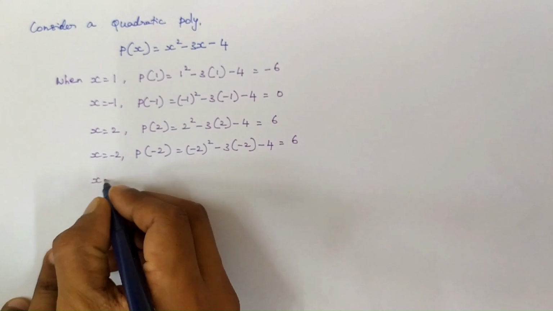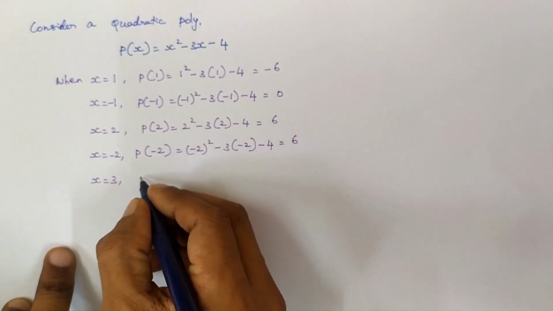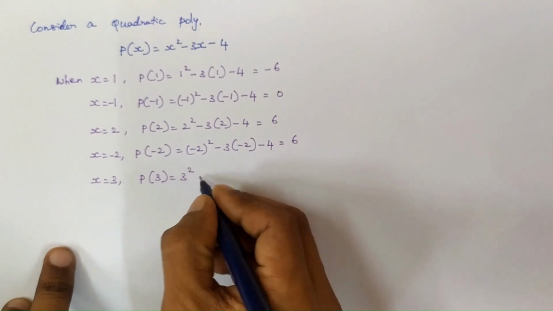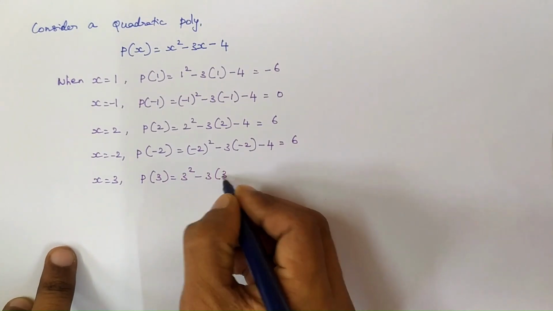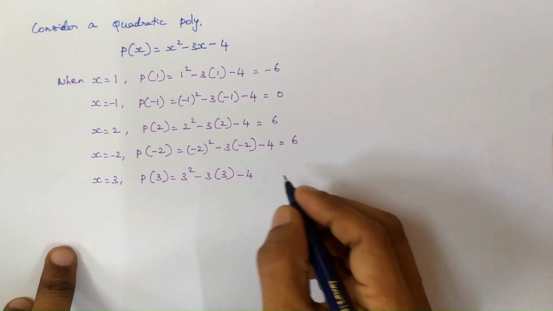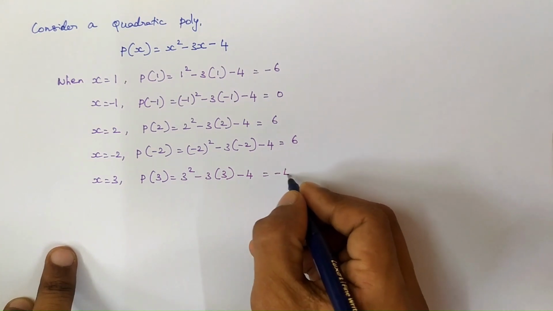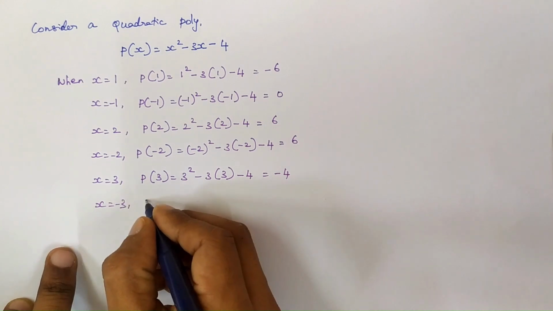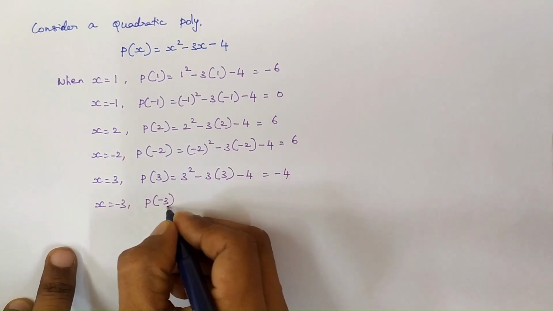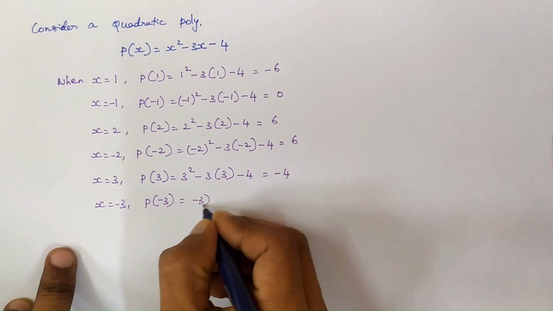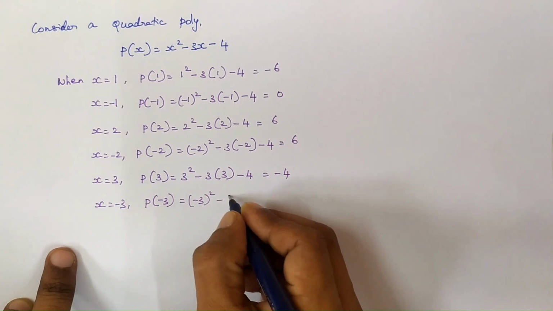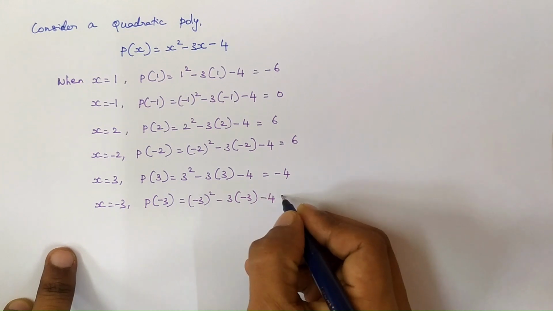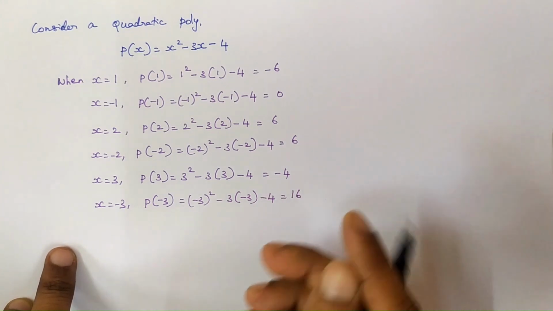When x is equal to 3, p of 3 is equal to 3 square minus 3 into 3 minus 4, which is equal to minus 4. When x is equal to minus 3, p of minus 3 is equal to minus 3 the whole square minus 3 into minus 3 minus 4, which is equal to 14.